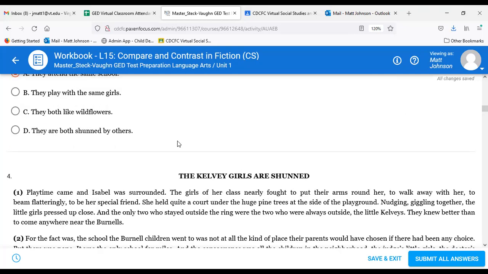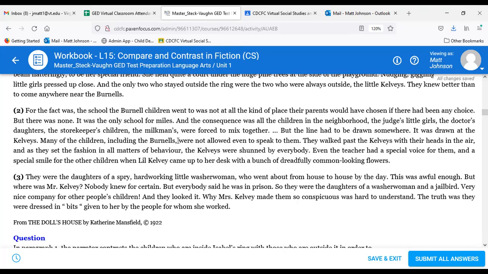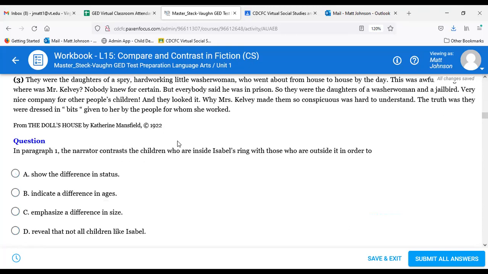All right. We'll go on to 4 here. Etta, you want to try question 4 for us? In paragraph 1, the narrator contrasts the children who are inside Isabel's ring with those who are outside it in order to A, show the difference in status, B, indicate a difference in ages, C, emphasize a difference in size, or D, reveal that not all children like Isabel.